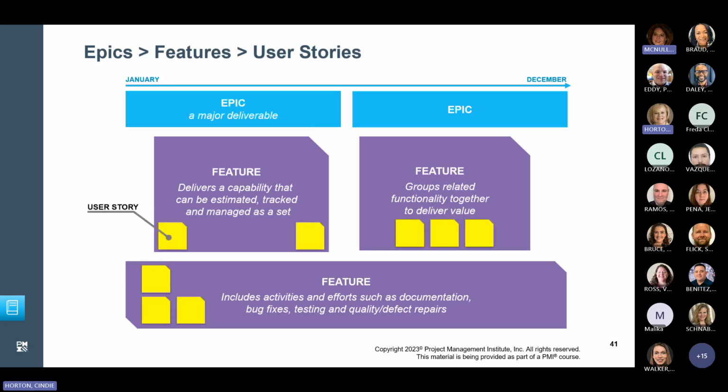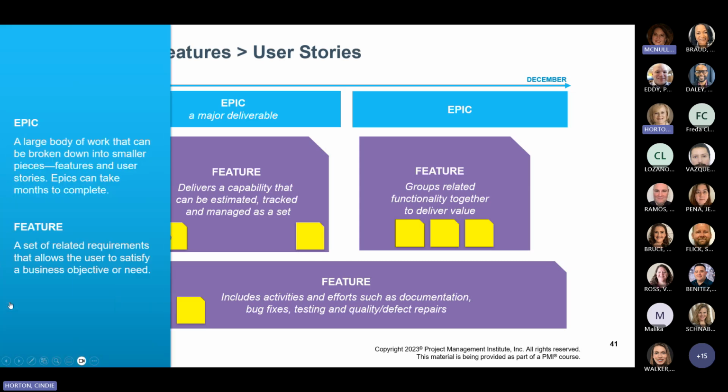Additional terminology that project and product managers should be familiar with are epic and feature and how they relate to user stories. An epic is a large body of work that encapsulates significant deliverables or related features providing substantial business value. It represents, again, a substantial chunk of work that cannot be completed within a single iteration or sprint.